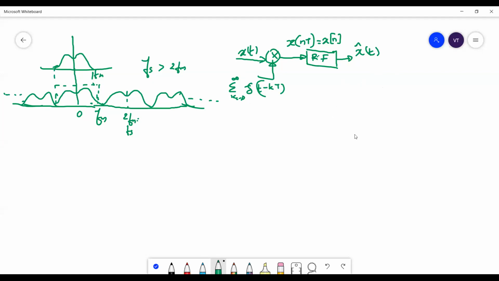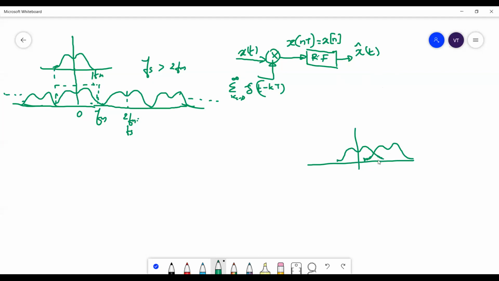Now what is aliasing in this condition? If you have sampled at lesser than the Nyquist rate, what will happen is you will have an overlapping like this. Remember? This corresponds to this frequency.